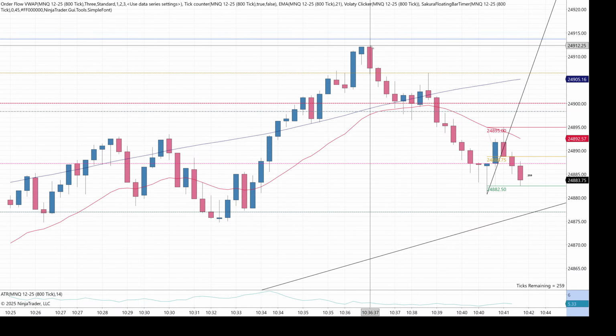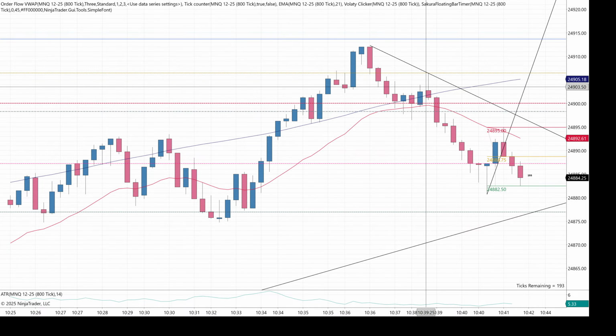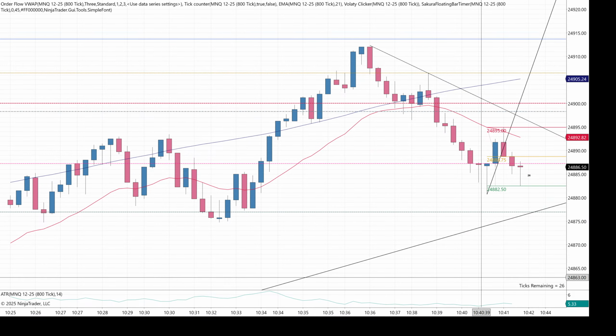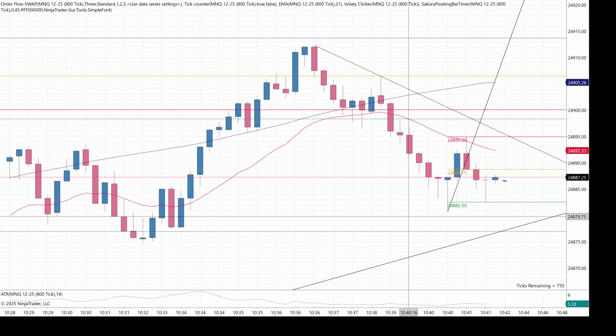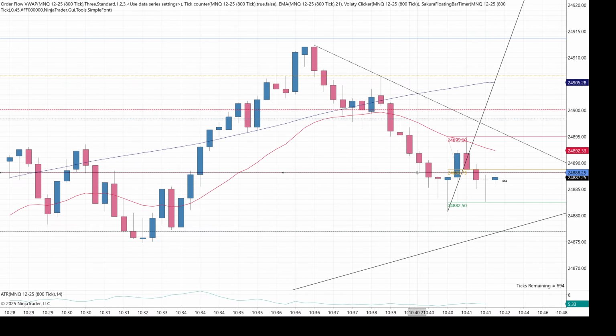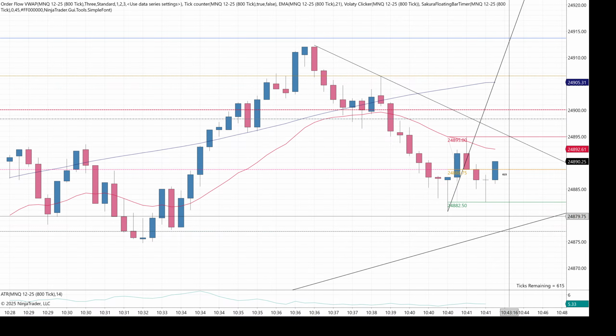We have now this bigger trend line. All right, so this worked, and the runner is out.